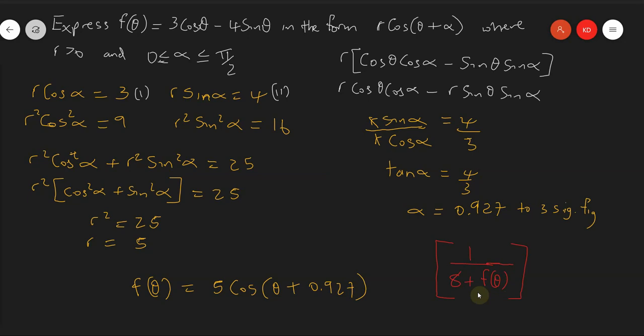So as stated before, the max value of f of theta would be equal to 5. Therefore, the minimum value of this fraction would be 1 over 8 plus 5, which is 1 over 13.